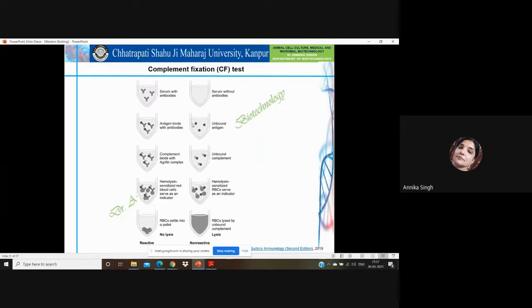For that purpose, the serum is heated in such a way that all of the complement proteins, which are highly heat labile, are destroyed, but none of the antibodies. Okay.